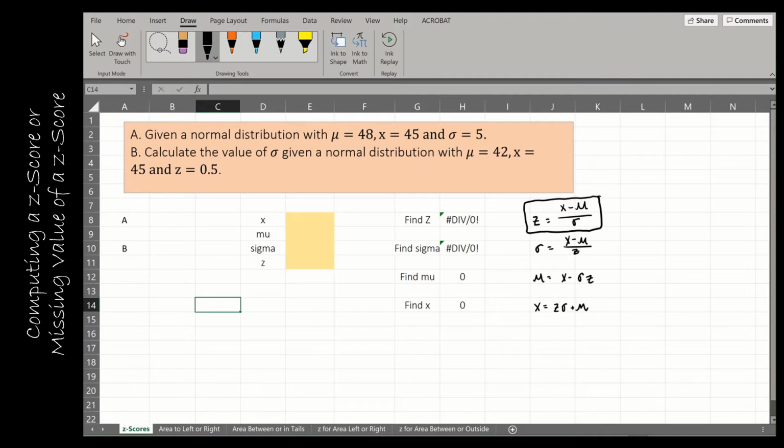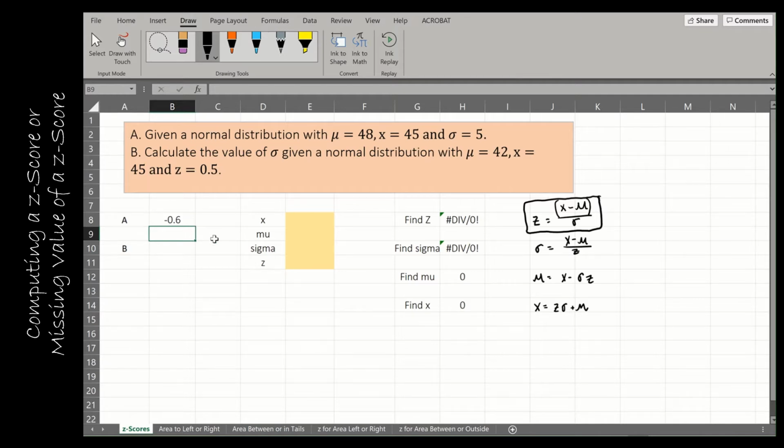If I just had to find the answer one time, like they're asking me in A, I would just use that formula, keeping in mind that Excel is going to use the order of operations, which means we have to tell Excel that this difference needs to happen before division. So I'm going to put equals, and then x is my observed 45 minus expected 48, close the parenthesis, divided by the standard deviation of 5. So I get negative 0.6 as my result, and that is the correct answer.